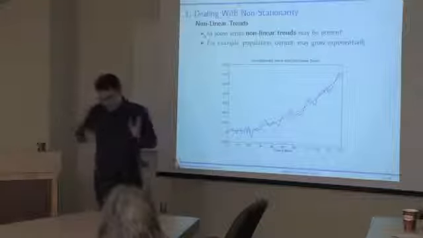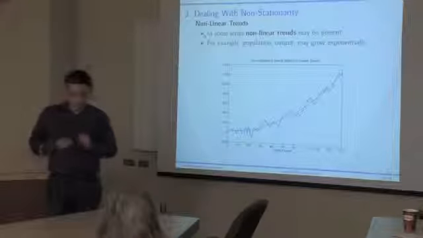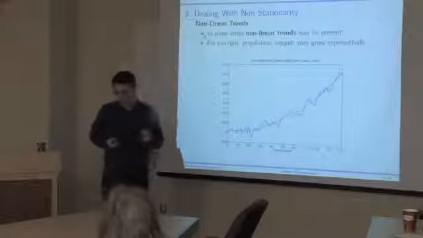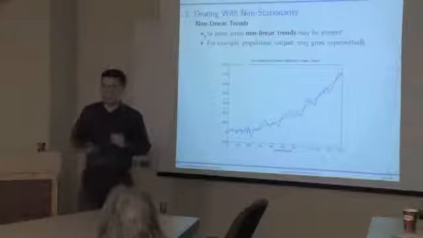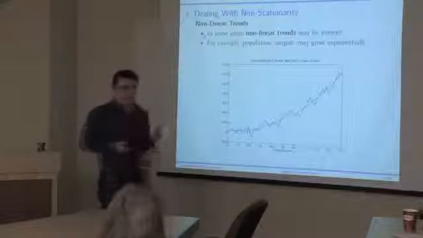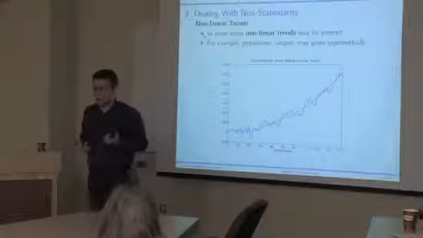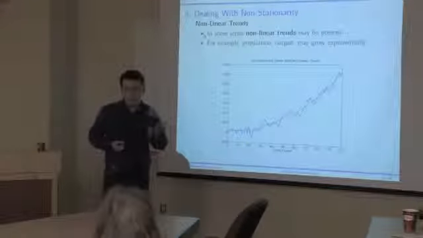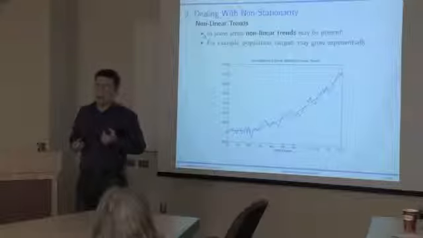Now, including a linear trend term is very simple. And it works, except that it only works if your trend indeed is linear. So in many data, the trend might not, in fact, be linear. So the trend might be, for example, an exponential trend. So things like population or GDP might be growing at an exponential rate.